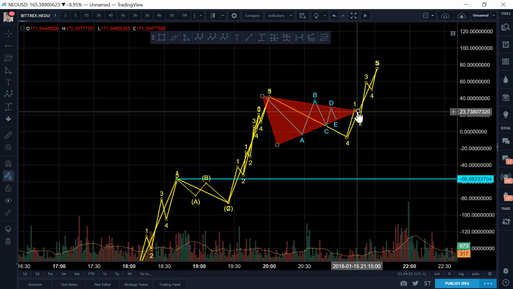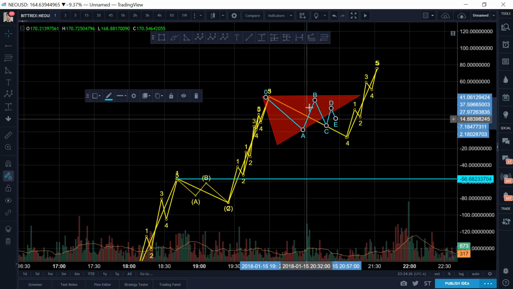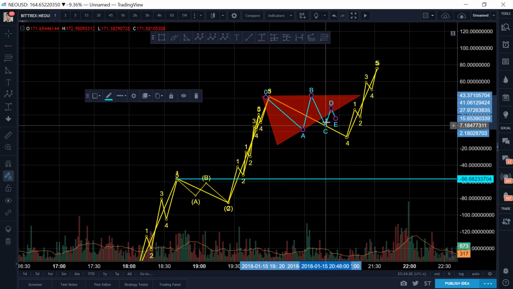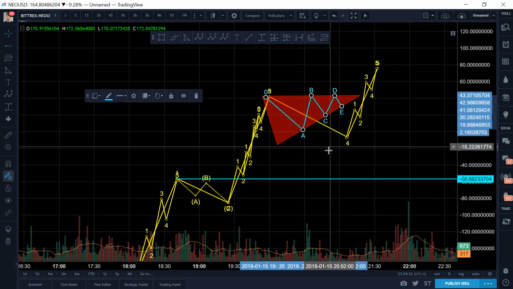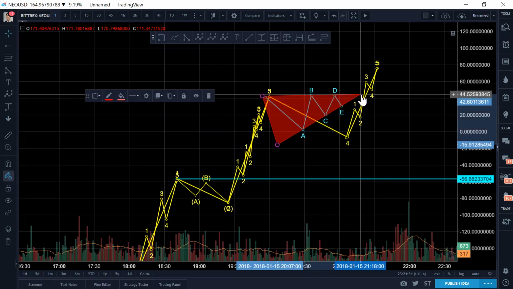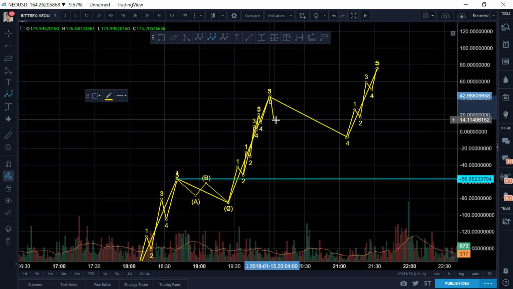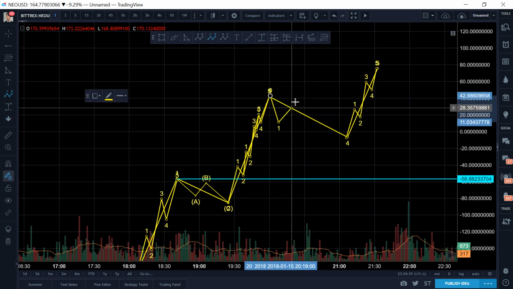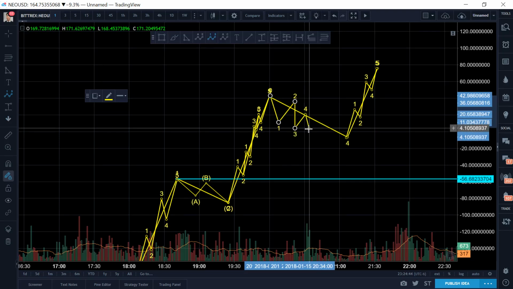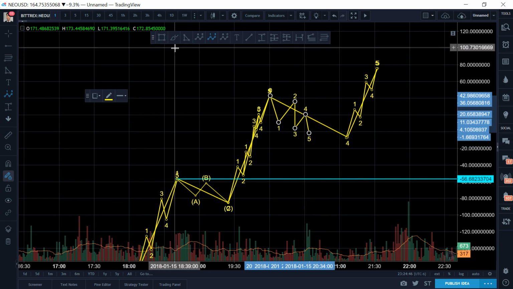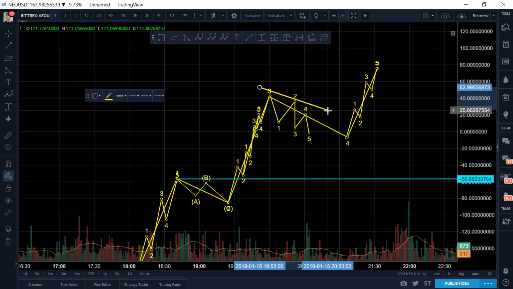It can form something like an ascending triangle, which is very bullish. Either way, they're all going to be a bullish type of consolidation for a zigzag up. Just for simplicity's sake, I'm just going to draw it like this: 1, 2, 3, 4, and 5.